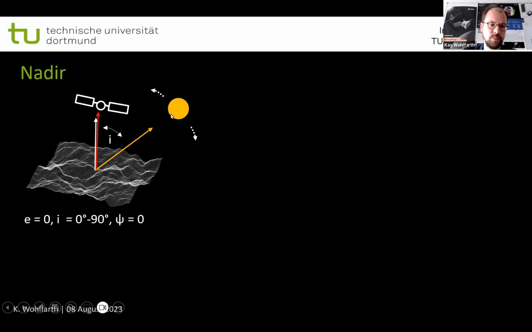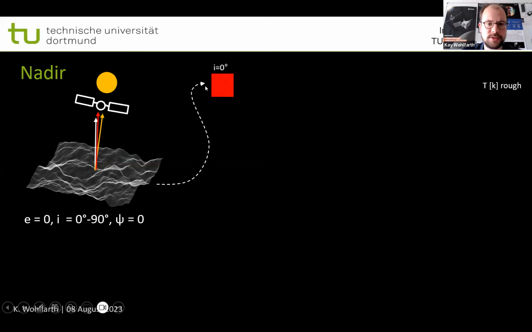The sun illuminates the surface from the side and can vary between 0 and 90 degrees, and the azimuth angle is not that important here, but it is 0 degrees. Now I assume that this fractal surface is 1 astronomical unit away from the sun, so basically as far away as the moon usually is, and compute the temperatures of all the single pixels of the surface element, and then we get this top view.